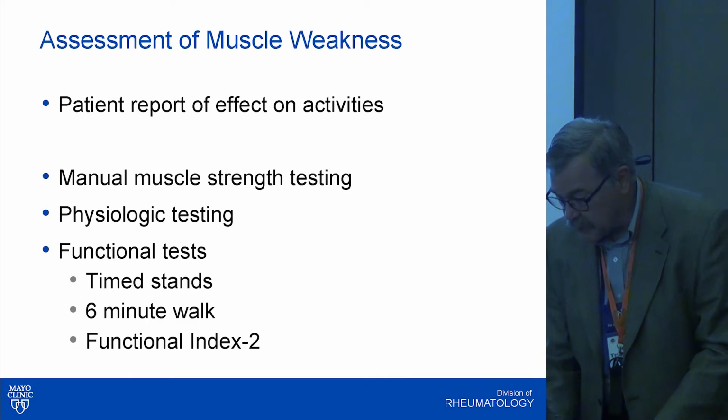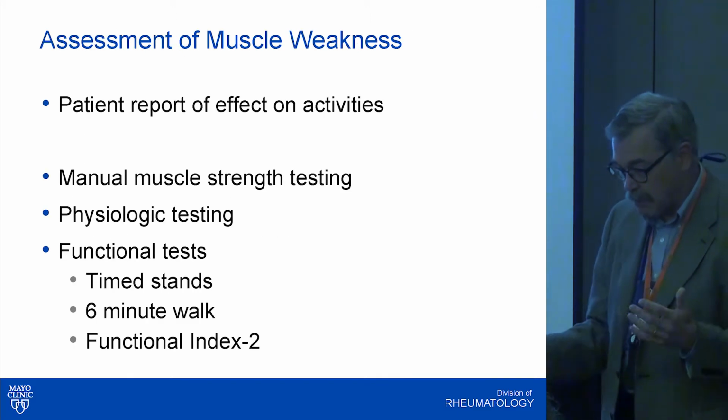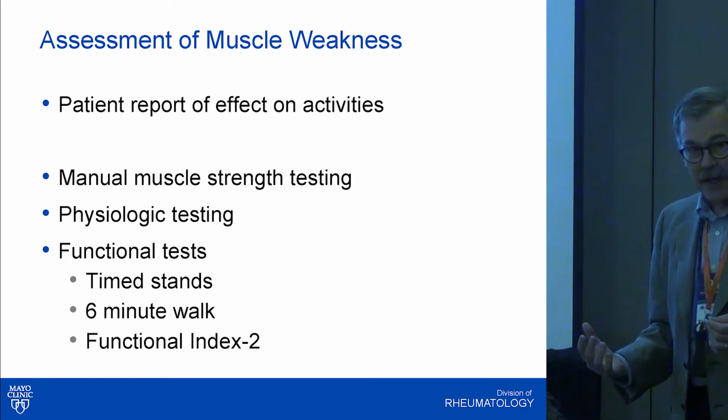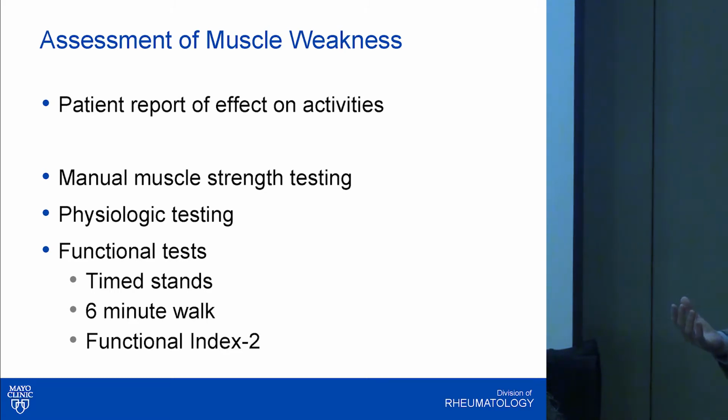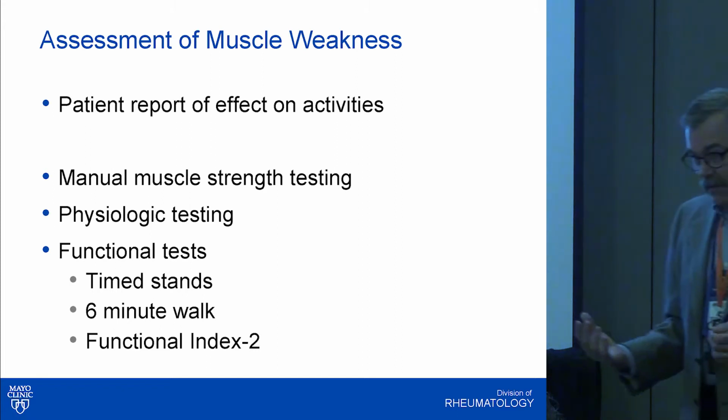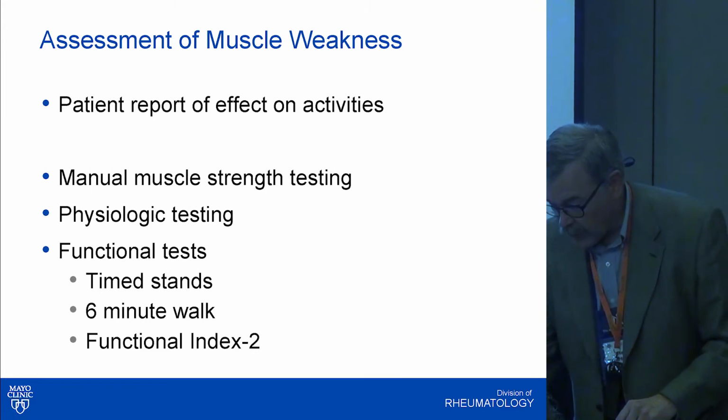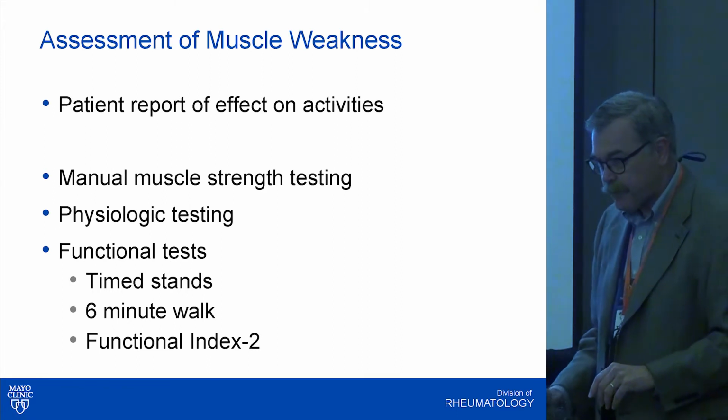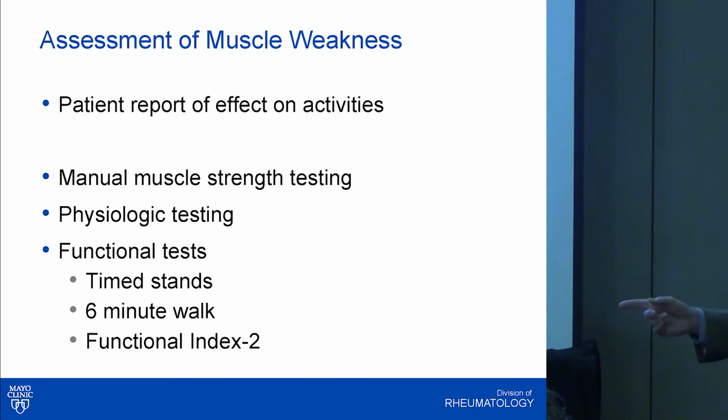For most of these, because we think of myositis, muscle involvement is the hallmark, and muscle weakness is the primary symptom. But as I'm going to show you, many other things can occur in patients with myositis. So to think of muscle, how do we assess muscle weakness? One of the things that I think is most important is at the top, you ask the patient how they're doing.